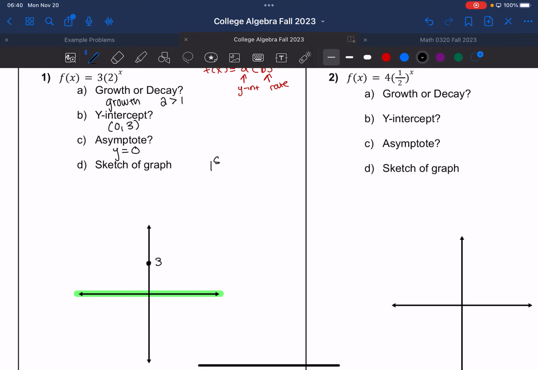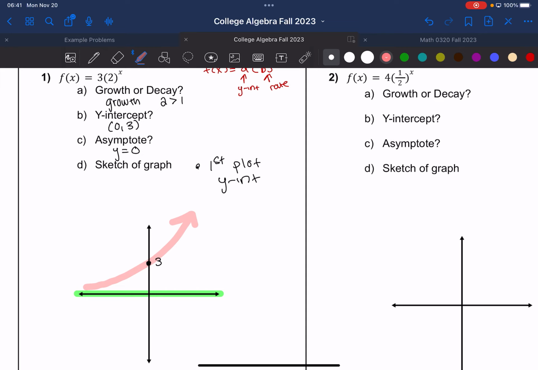So first plot the y-intercept. And then you just look at whether or not it's a growth or if it's a decay. So since ours is a growth, our function is going to be going up. And that's it. That would be a sketch of our exponential function.